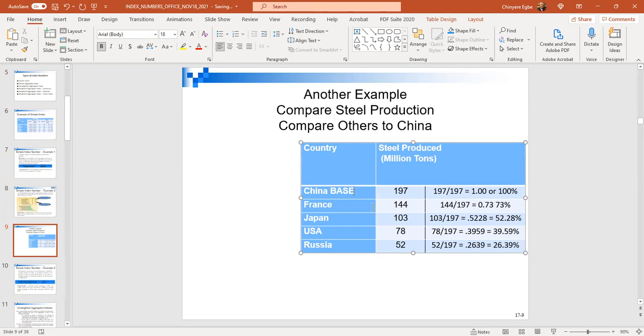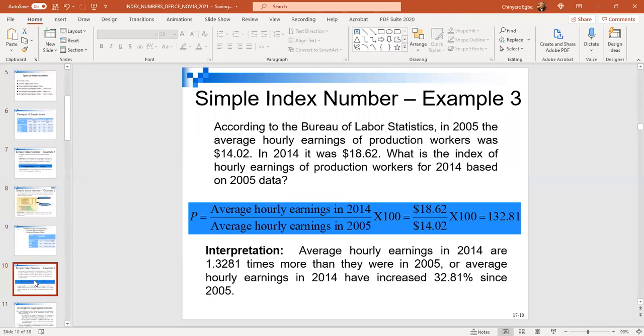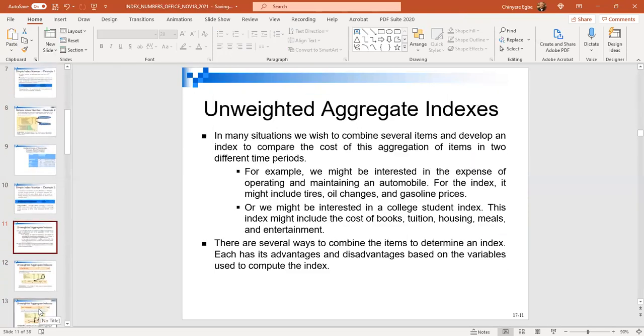So now France is 144 over 197, which is 73% or 0.73, and so forth and so on. So we continue to illustrate another example of simple index.